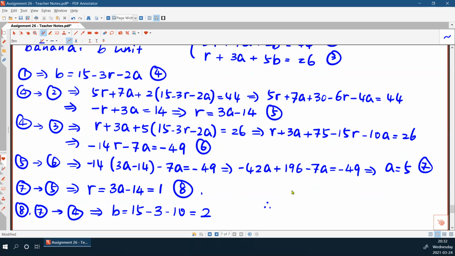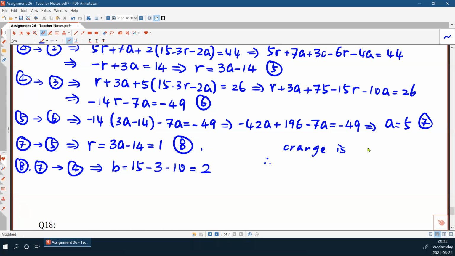Okay, so final solution is the orange is R unit. Okay, it should be an orange.